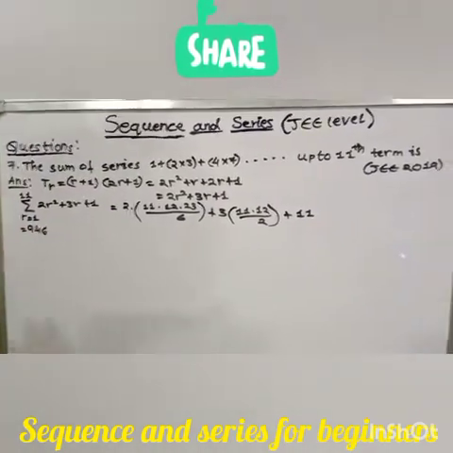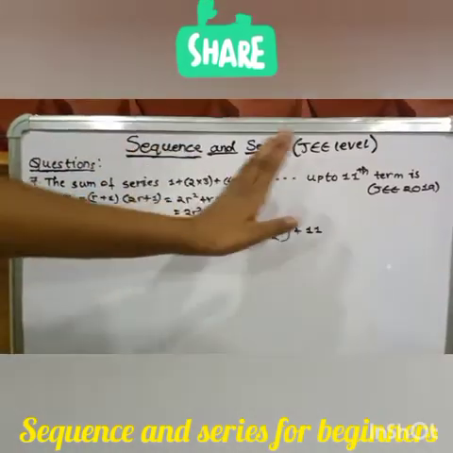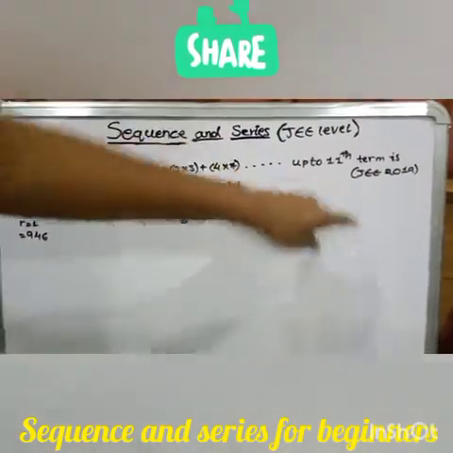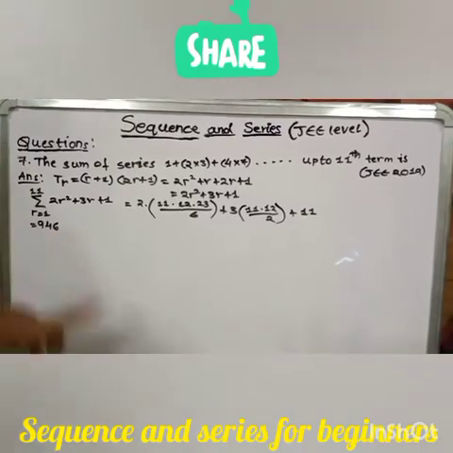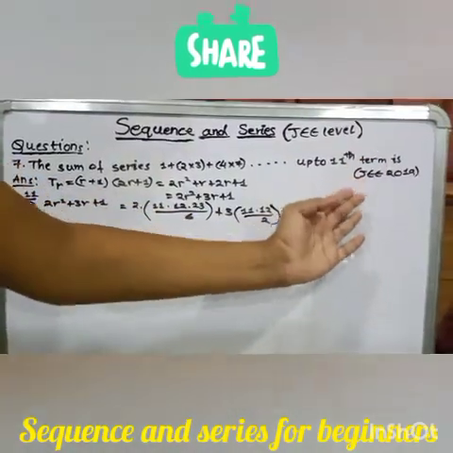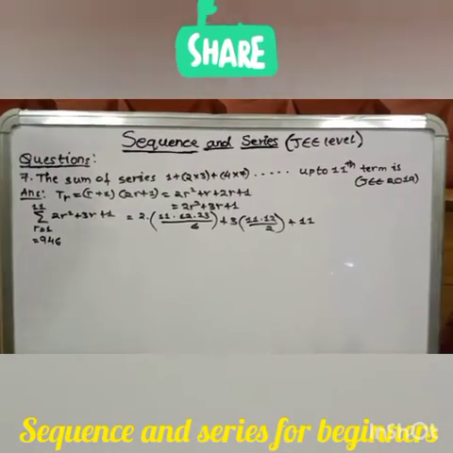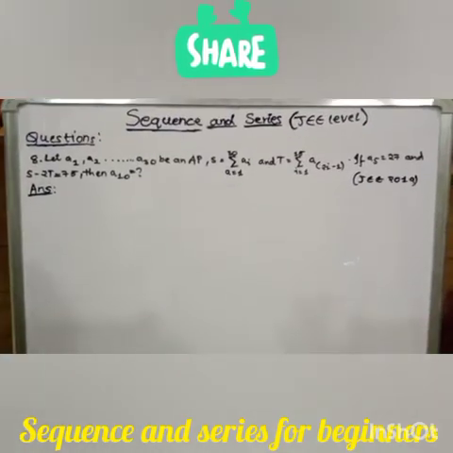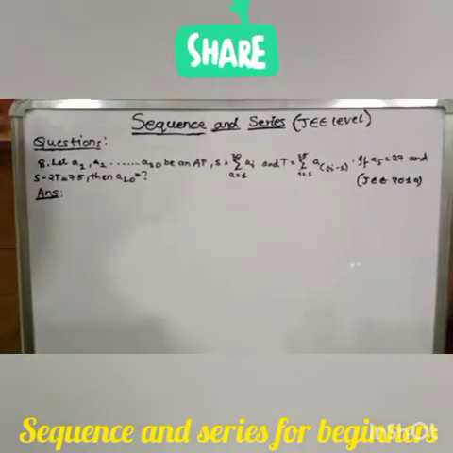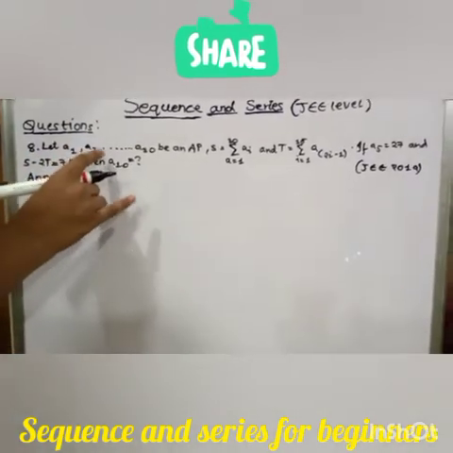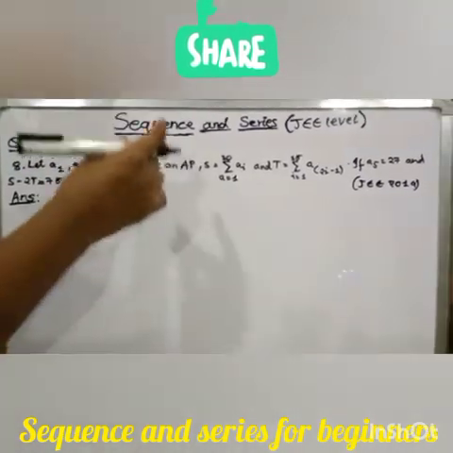So the sum of the series of this variation up to the 11th term, we got as 946, and this is a JEE 2019 question. So have a look, we have got another question from JEE 2019. Let's read. Let A1, A2 and so on A30 be an AP.